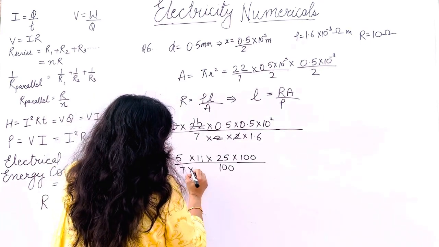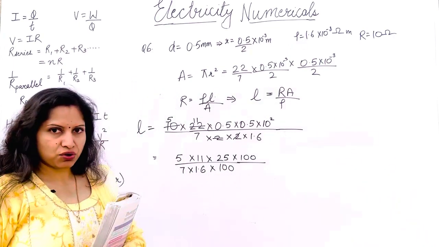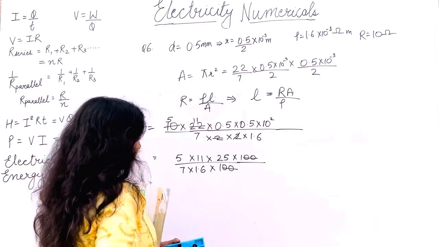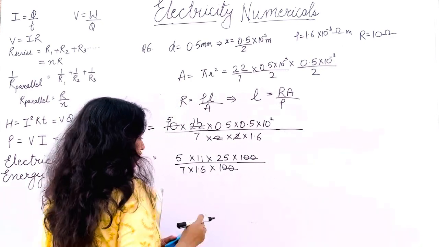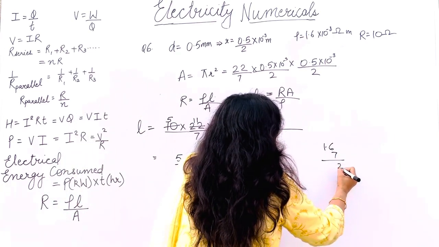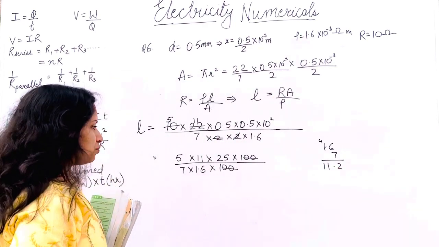And here we have 7 multiplied by 1.6 multiplied by that 100, which is also already there. We'll just cut it off. Now we are left with just, let's solve it out. 7 multiplied by 1.6 comes out to be 11.2.